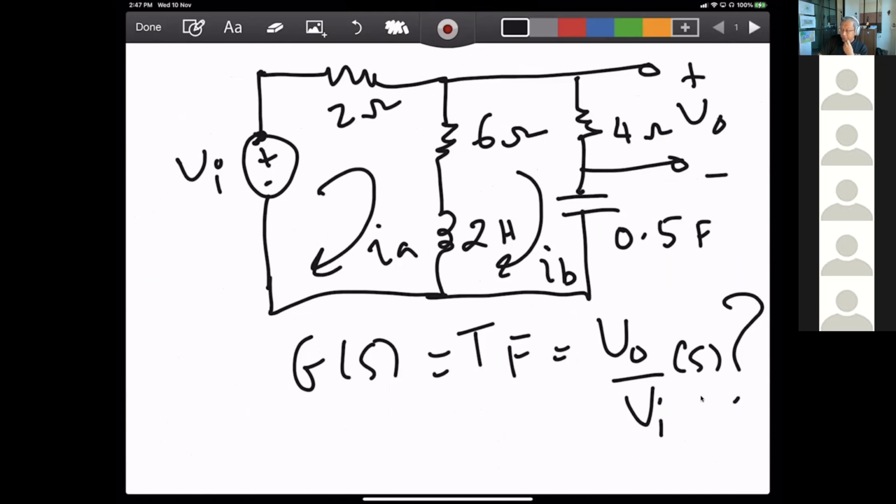Plus 3 plus 4 for IB. The 2 Henry. Plus 4 IB and plus 2s IB.